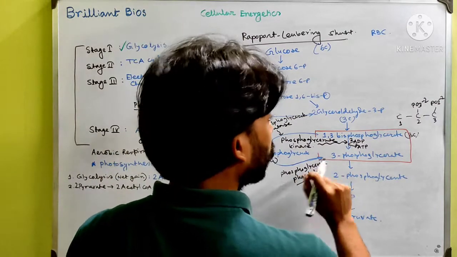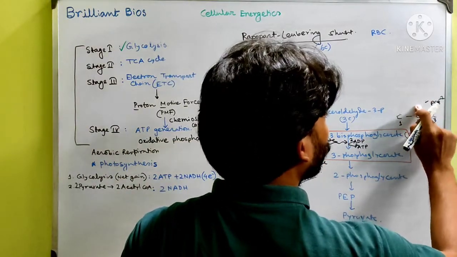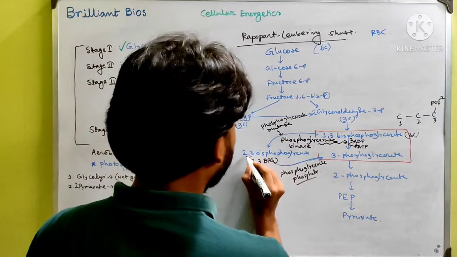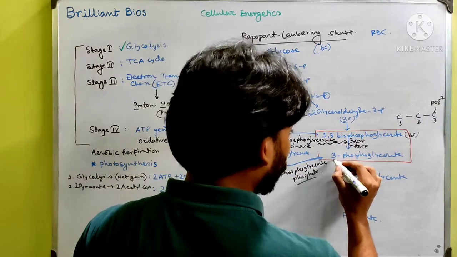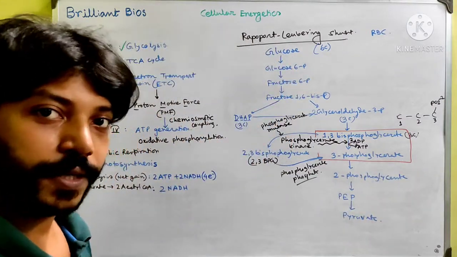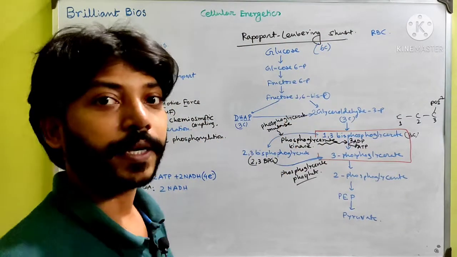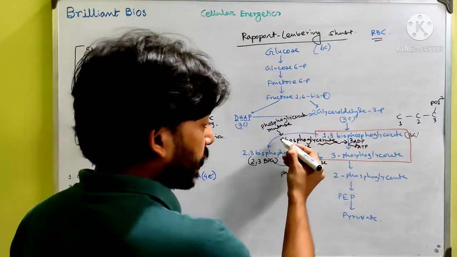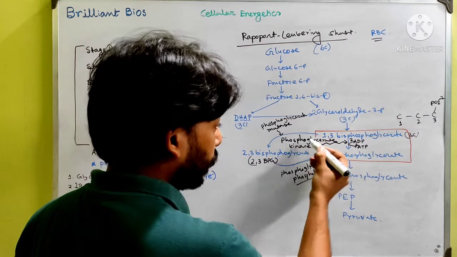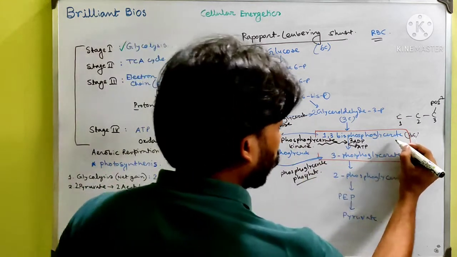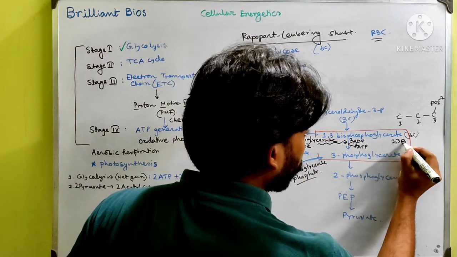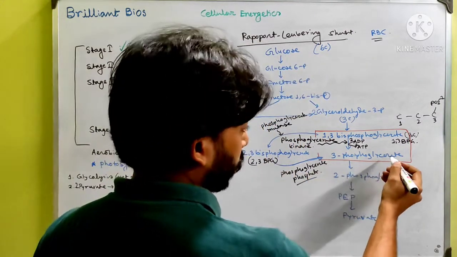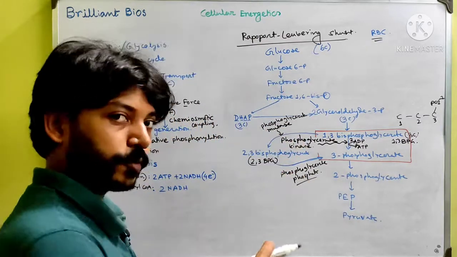Because this enzyme removes the phosphate group from the second carbon, so that 2,3-bisphosphoglycerate can become 3-phosphoglycerate. This is the Rapoport-Leubering shunt. They found that, particularly in the RBC, this step is bypassed and it makes 2,3-BPG from 1,3-BPG, and ultimately it becomes 3-phosphoglycerate with the help of these two enzymes.